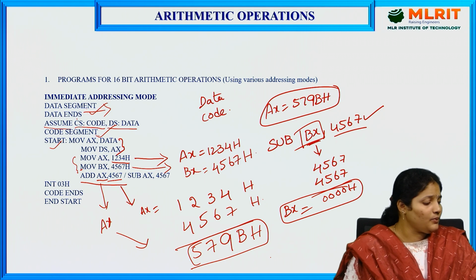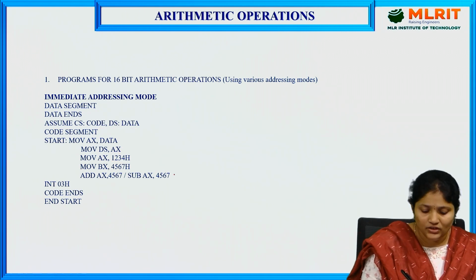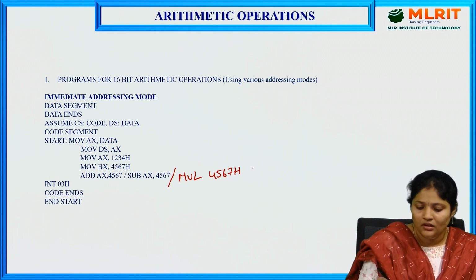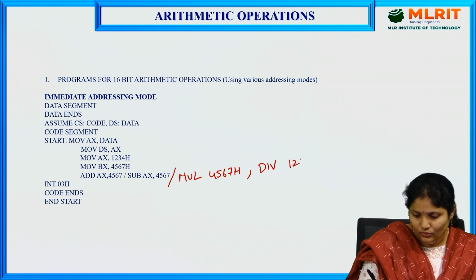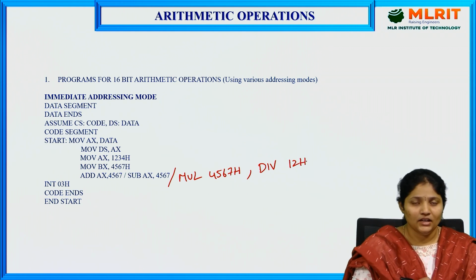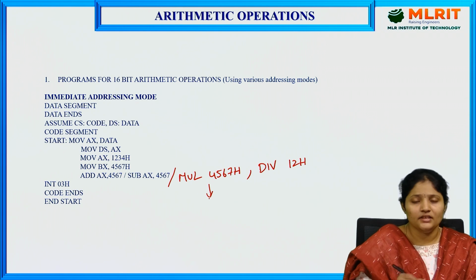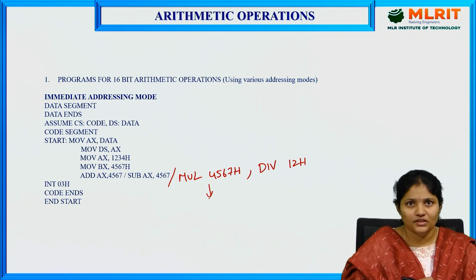This is the value, 0000H, which is present in the BX register. Apart from this, you can directly write multiplication also. So multiply 4567H, or divide 12H. Like that, you can directly mention the data itself. Here I didn't mention the destination register. Why?